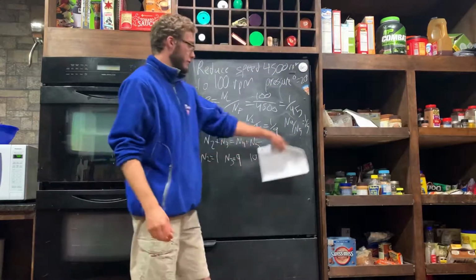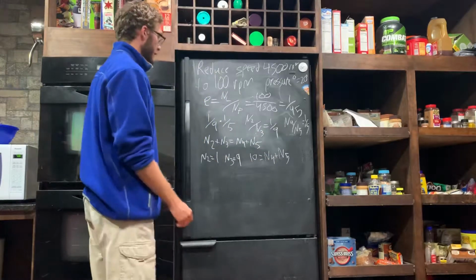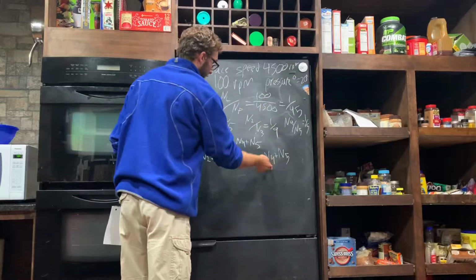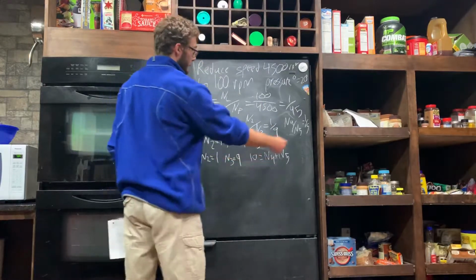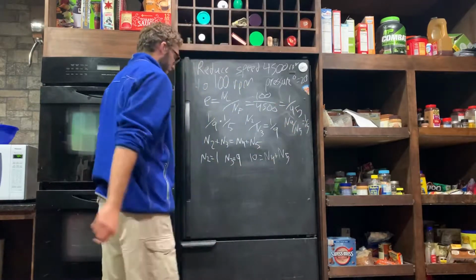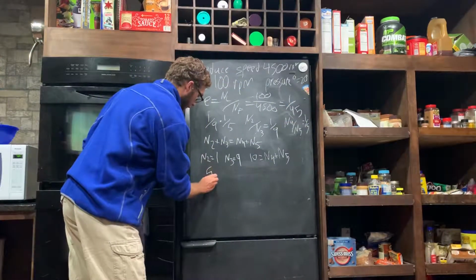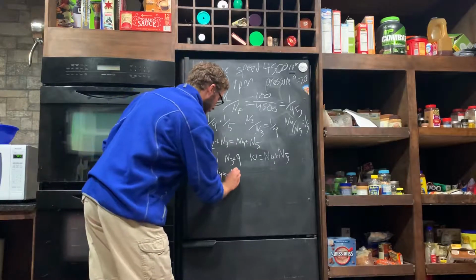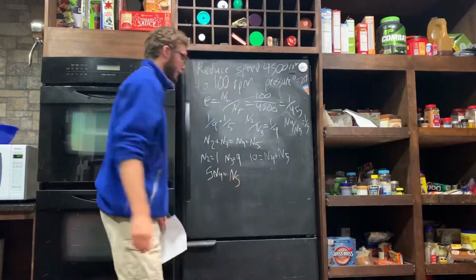Now we have 2 equations and 2 unknowns. We solve this upper equation and plug it back in here. Multiplying N5 over 5 by 5, we get 5N4 equals N5.